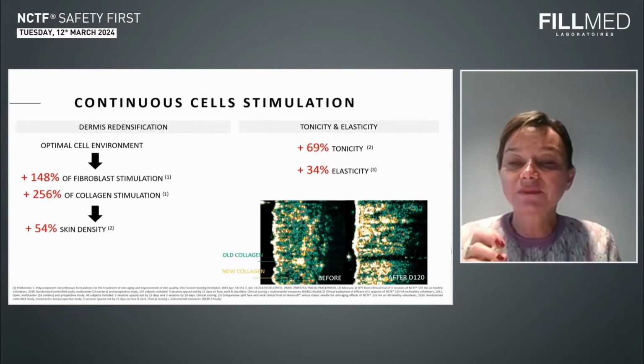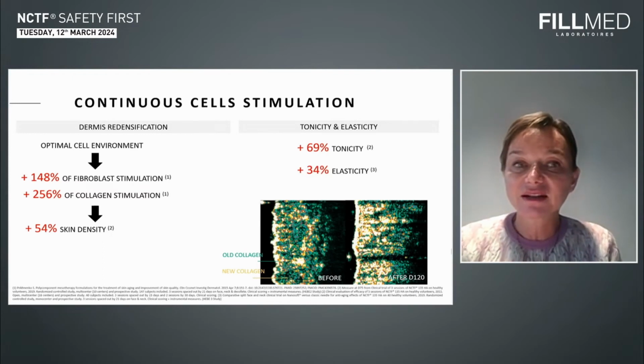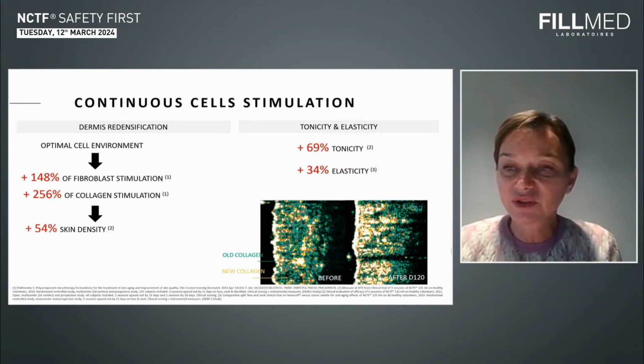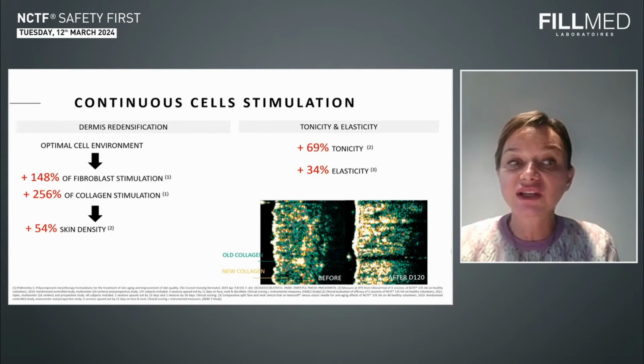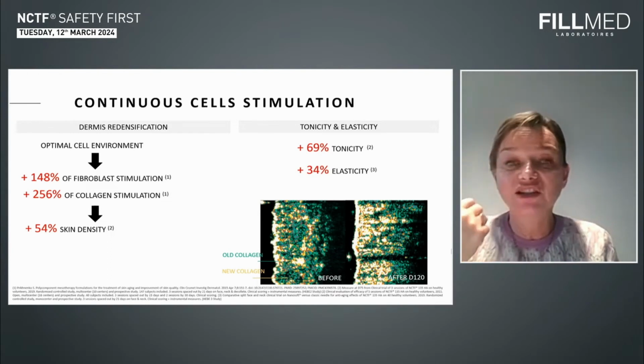We have a very interesting clinical study with instrumental data to show the dermis densification you can obtain after 3 sessions: more than 148% of fibroblast stimulation, inducing 256% collagen stimulation, and then skin density.